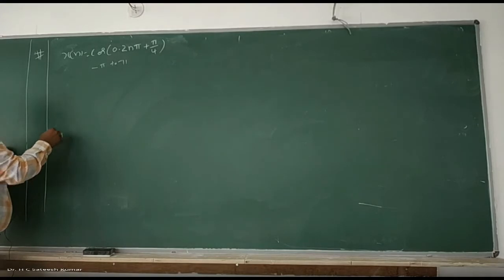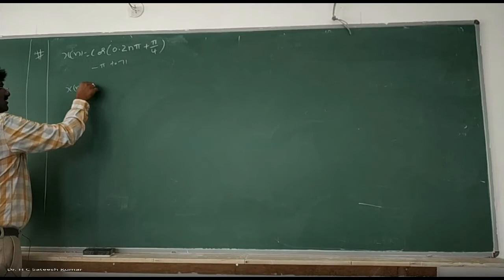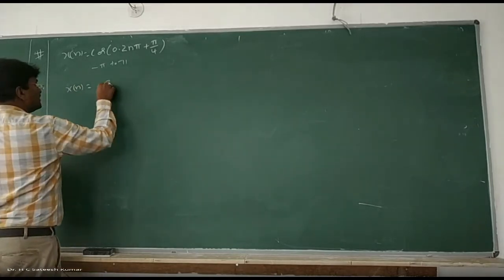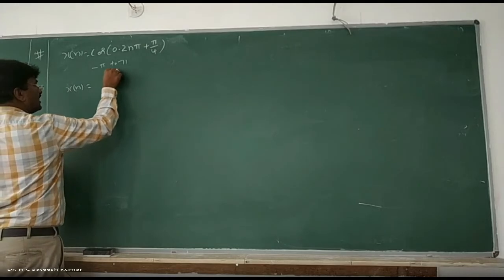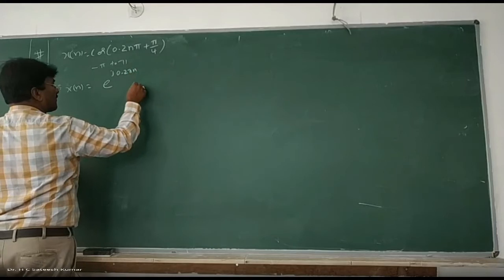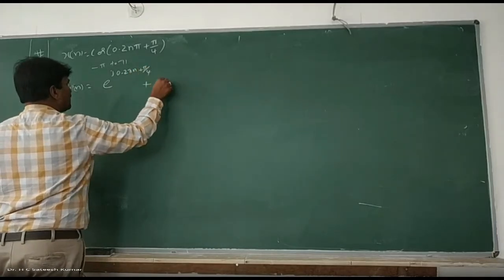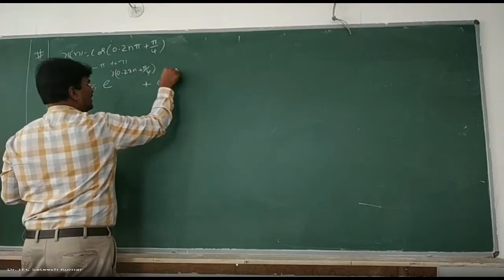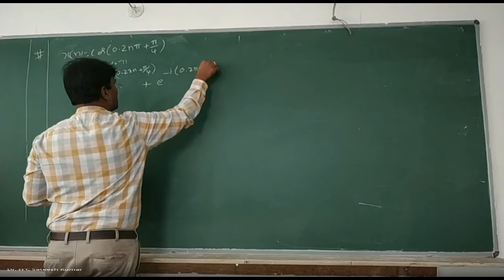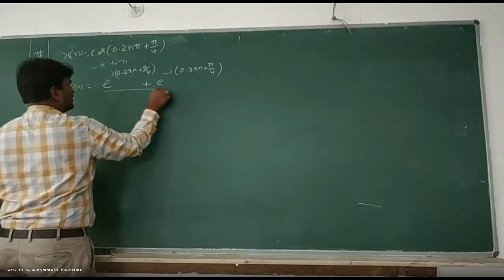Cos x of n is equal to, we can simplify it as e to the power of j theta plus e to the power of minus j theta divided by 2. So x of n is equal to e to the power of j (0.2 pi n plus pi by 4) plus e to the power of minus j (0.2 pi n plus pi by 4), divided by 2.